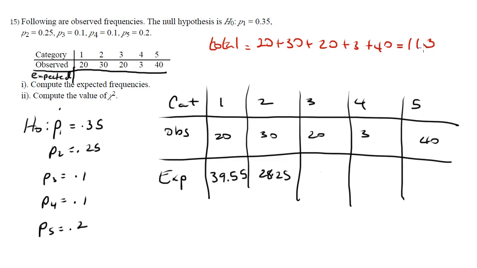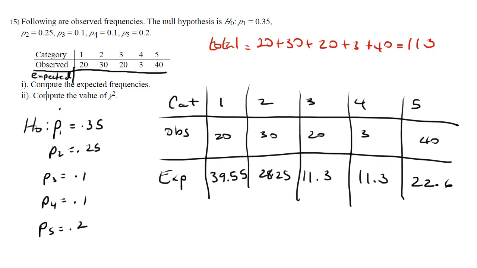Just move the decimal point over one place. That's 11.3. And the same for category 4, 11.3. And category 5, we expect 20% or 2 times that, so 22.6. Those are the expected frequencies.